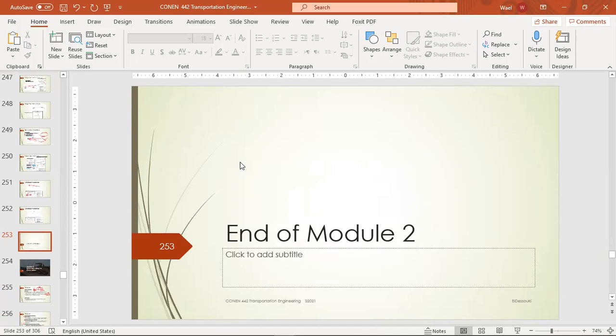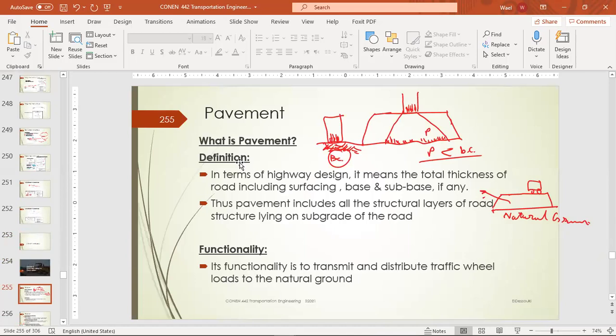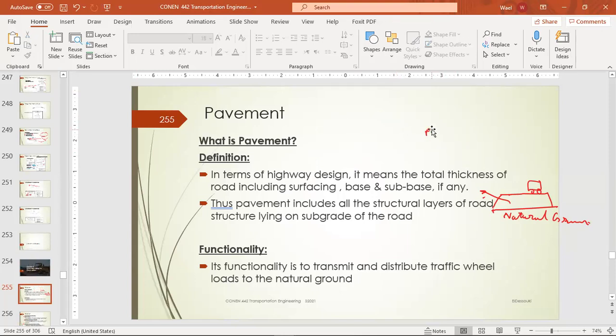Then we moved on to pavement design and construction, and we discussed here the function of pavement. And what is pavement? Pavement basically are the layers above natural ground that we add to distribute the load on the natural ground.